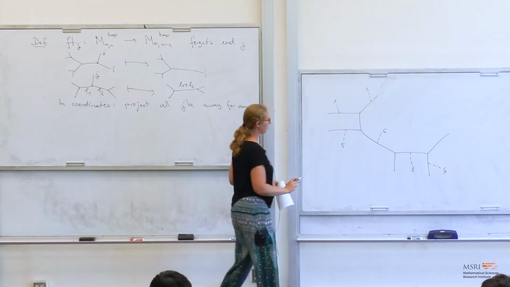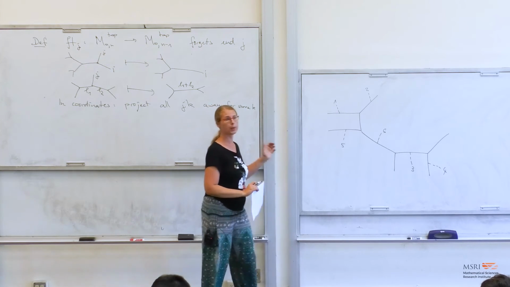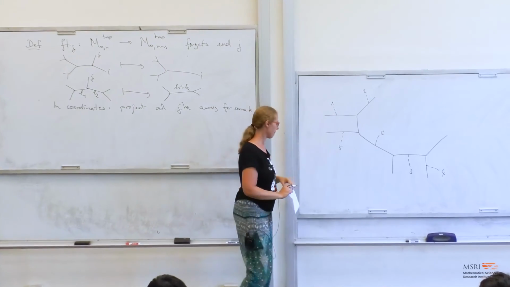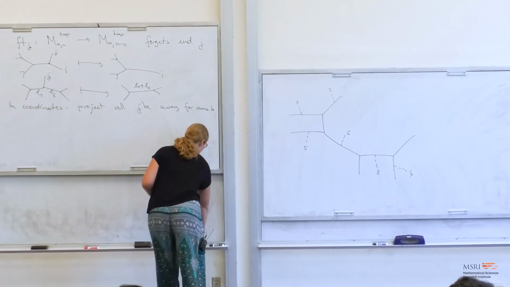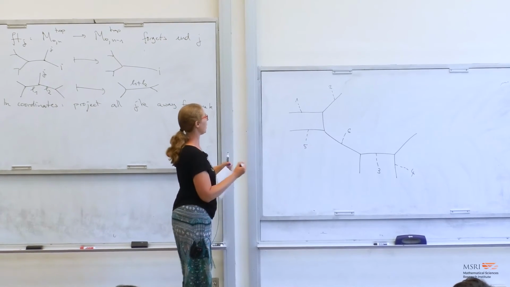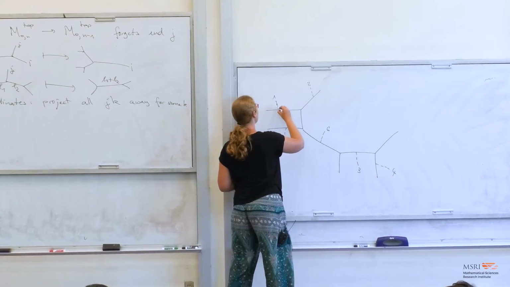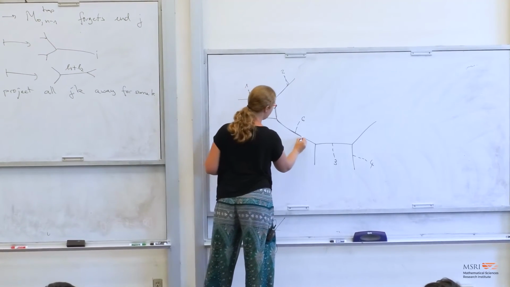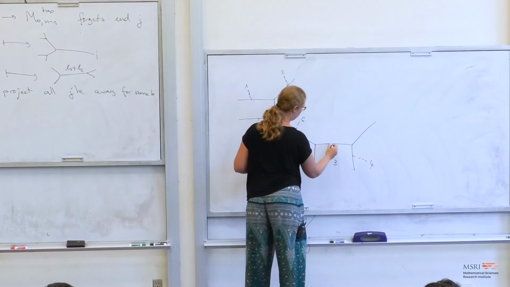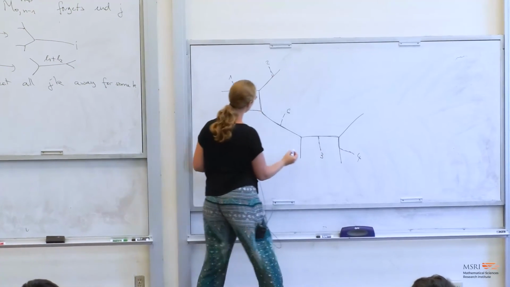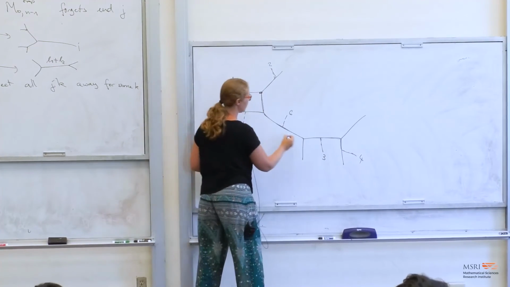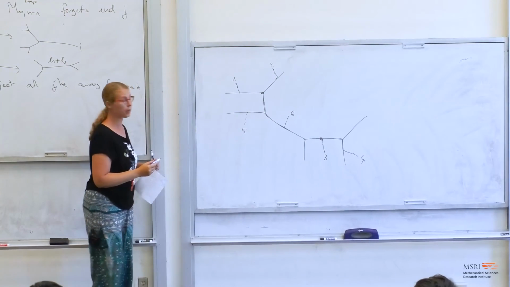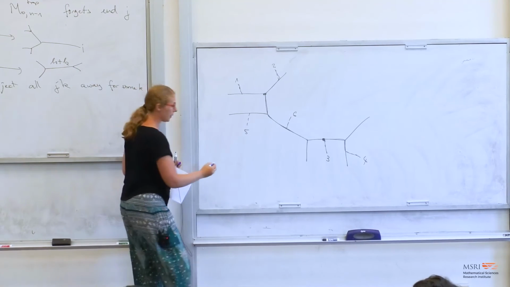And as usual, I'm drawing my tropical stable maps with the image already, I'm putting them into the plane. Okay, and now what happens is I forget everybody but 1, 2, 3, 4. I need to keep this subgraph. First of all, we observe that in my curve, 1 and 2 and 3 and 4 are going to be separated.